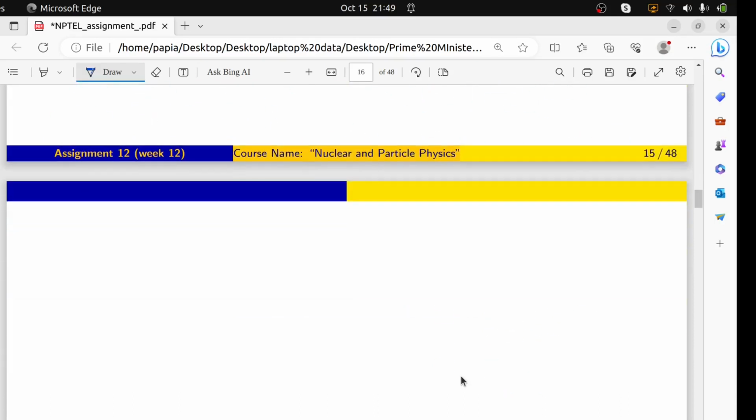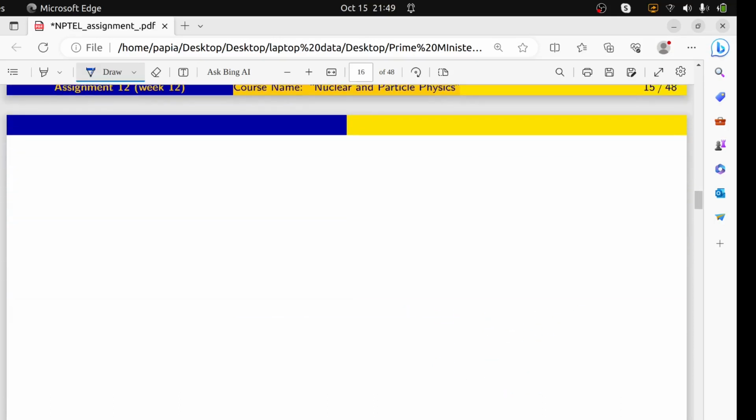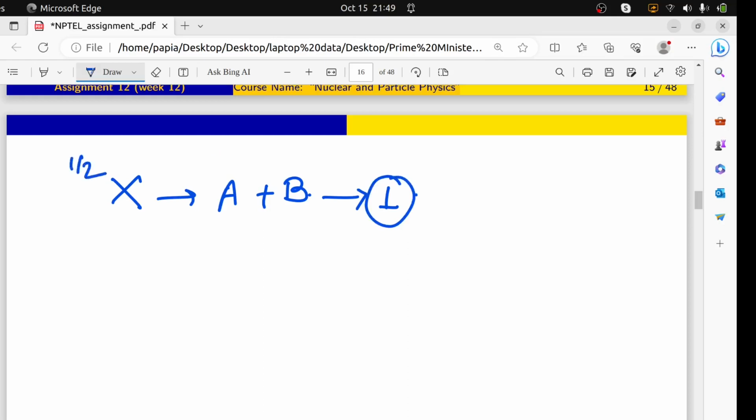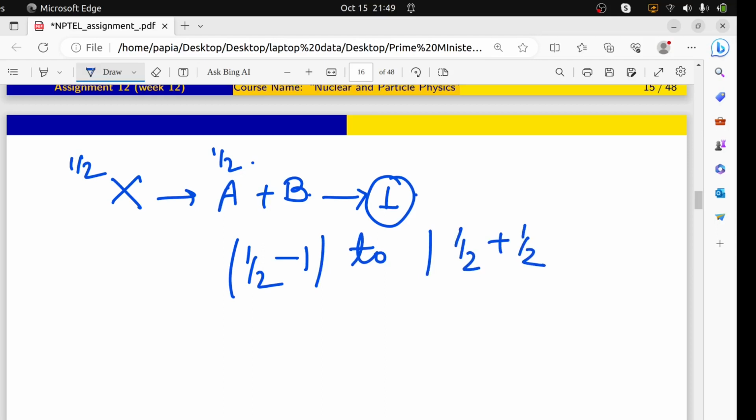Now let's say B is a boson. So if B is a boson, that means what will happen? If it is a boson, that means there will be integer spin. Let's say I am talking about 1, and this is half, this is also half. Then what will happen? Here you can see half minus 1, half plus 1.